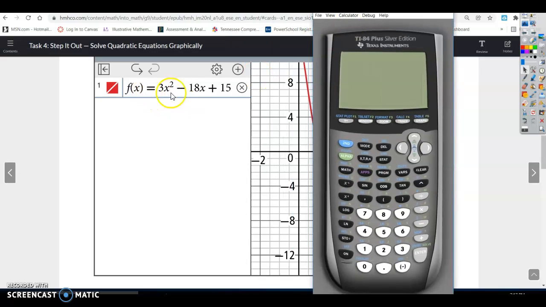All right, so if you type in 3 times 1 squared minus 18 times 1 plus 15. So you can see that I just took 1 and substituted it for x and substituted again for x here. And if this equals 0, then 1 is a zero of our function.